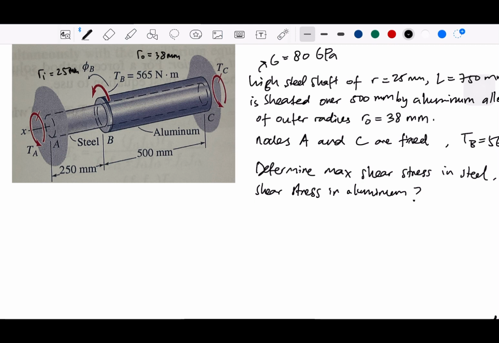So at the beginning, as usual, we can slice all, and then make the free body diagram. How do we make the free body diagram? We can focus on each node, so A, B, and C. So we can slice, and then you have 3 nodes, right? 3 nodes.